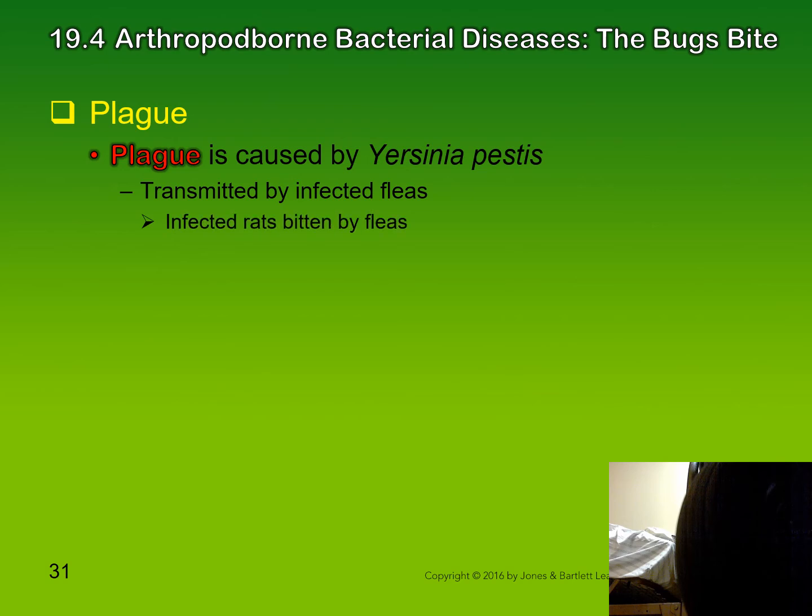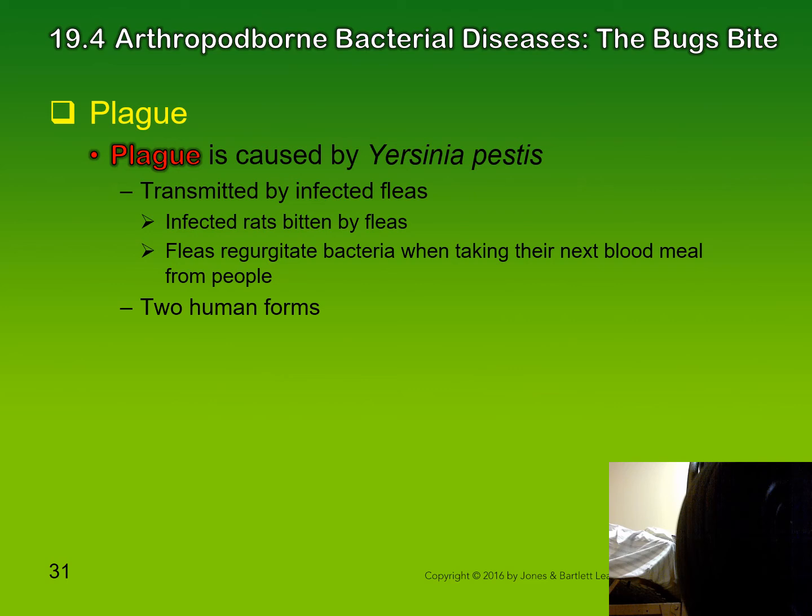So an infected rat gets bitten by the fleas, and then the fleas would bite the person, and the fleas will regurgitate the bacteria while they're taking their next blood meal from the people. So that will get the bacteria into you as the flea is trying to get a blood meal from you.